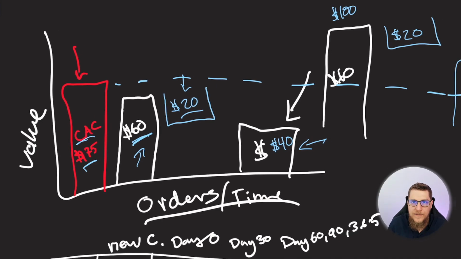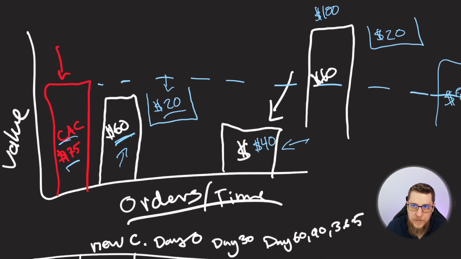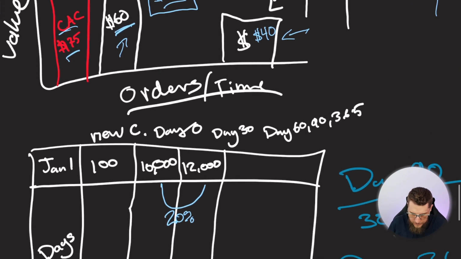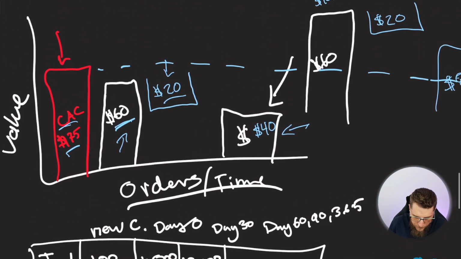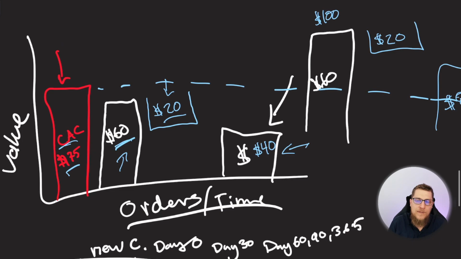So if we know that our lifetime value after 90 days, for example, our 90-day LTV, is 20% higher than the initial value, and we spent $75 to acquire a customer, and their initial order was only a $60 order, and their lifetime value over 90 days only goes up by 20%, then really, what's 20% of 60? We know that it's 15, right? So really, we know that this value is going to go up to 75 over 90 days, meaning that at 90 days, we are break even.